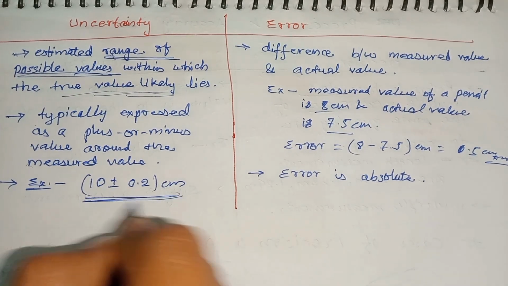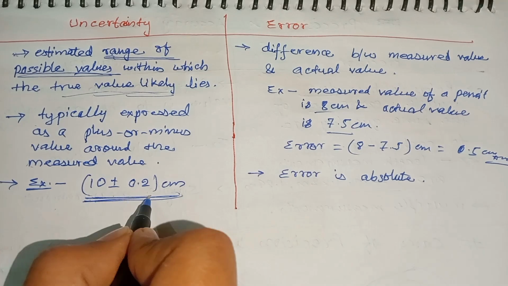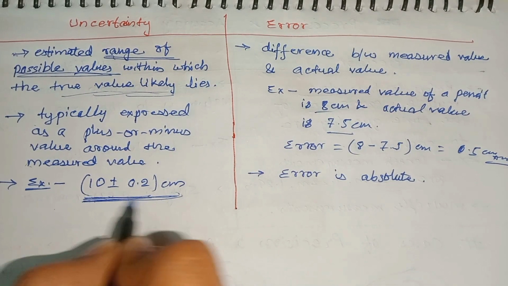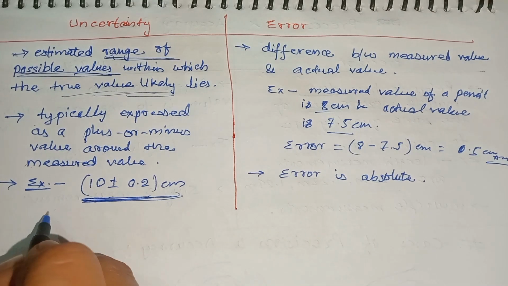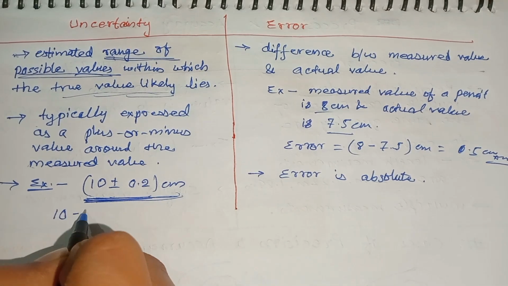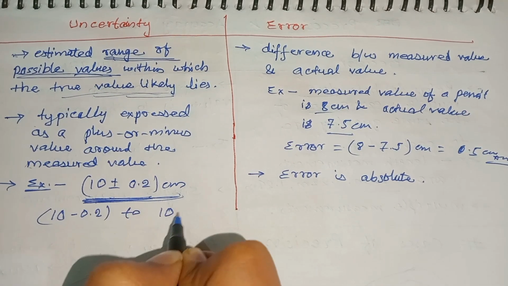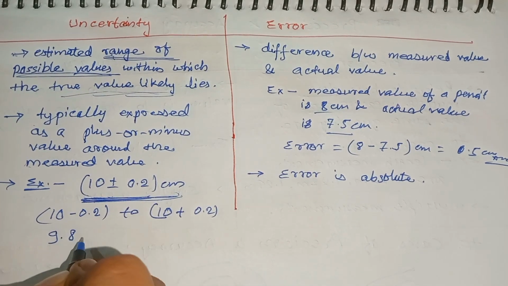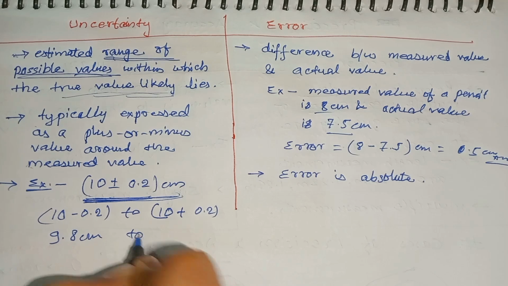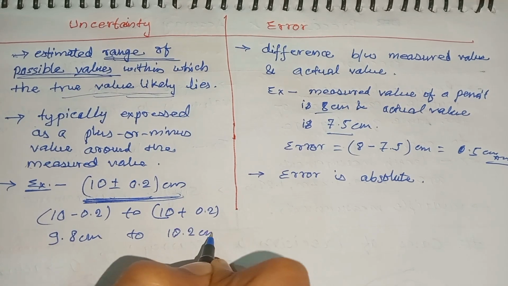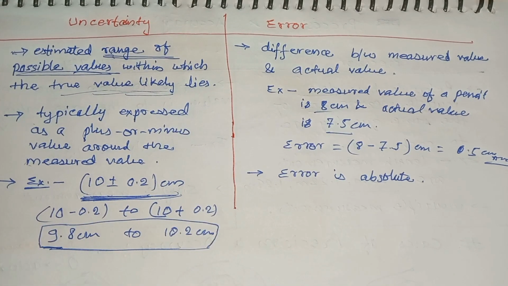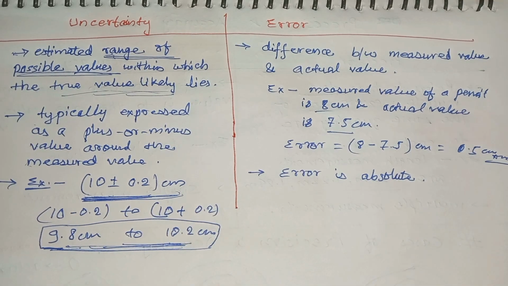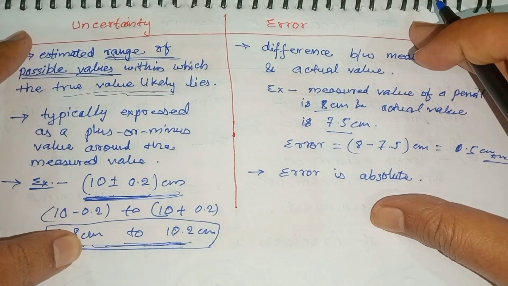We will read that the true value is likely to lie within this range. How do we find the range? 10 minus 0.2, 10 plus 0.2, that is 9.8 centimeters to 10.2 centimeters. This is a range, and within this range the true value will lie. This is uncertainty and this is error.